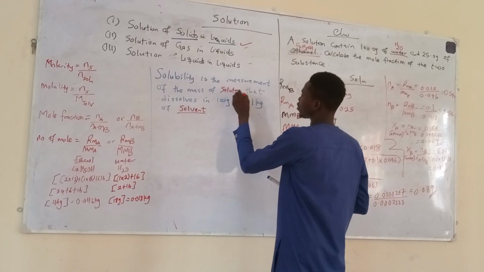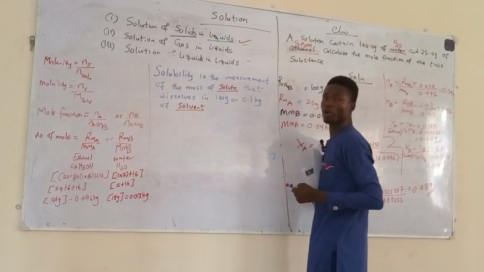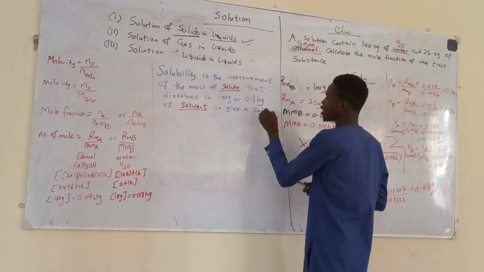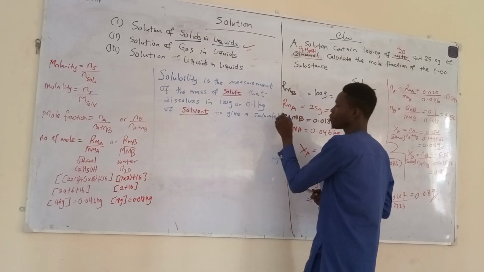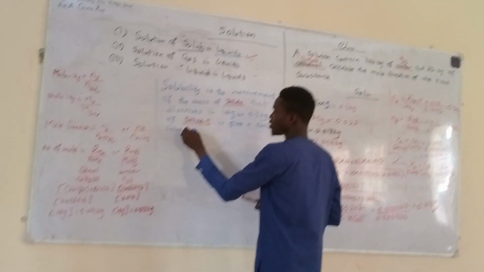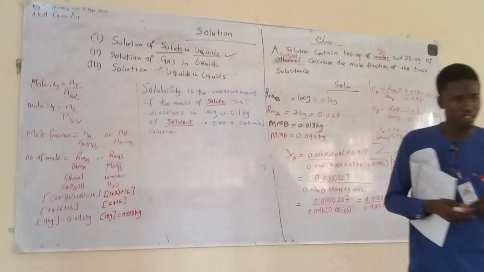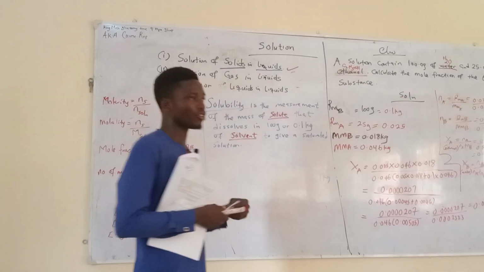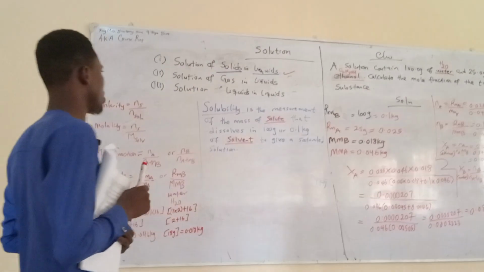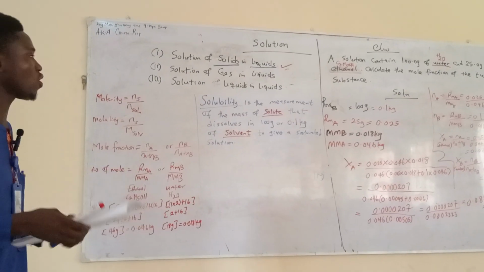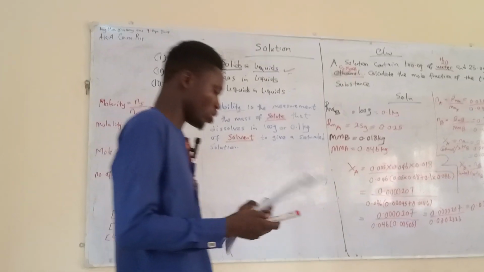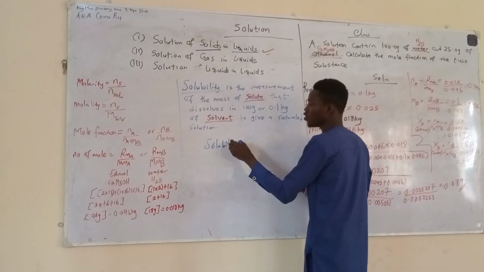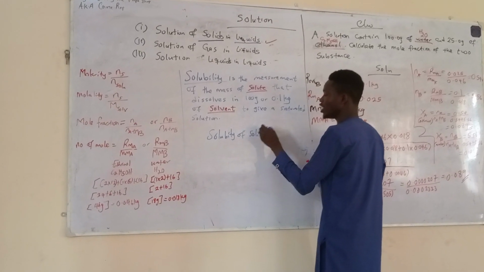I want you to get this one, please. In order to get this definition, they can just remove this and put a dash. Dash is the measurement of the mass of solute that is dissolved in 100 gram or 0.1 kilogram of solvent to give a saturated solution. It's called solubility of solid in liquid solution.